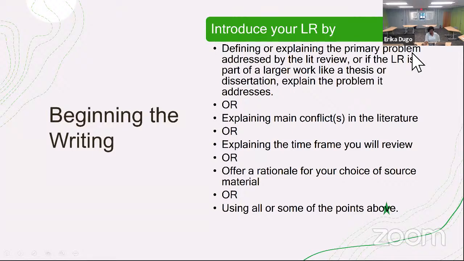You can explain the time frame of the literature that you will focus on, or you can offer a rationale for why you chose those particular source materials. Okay, so you may use all of these, or you can focus on just specific ones when you're writing your introduction.